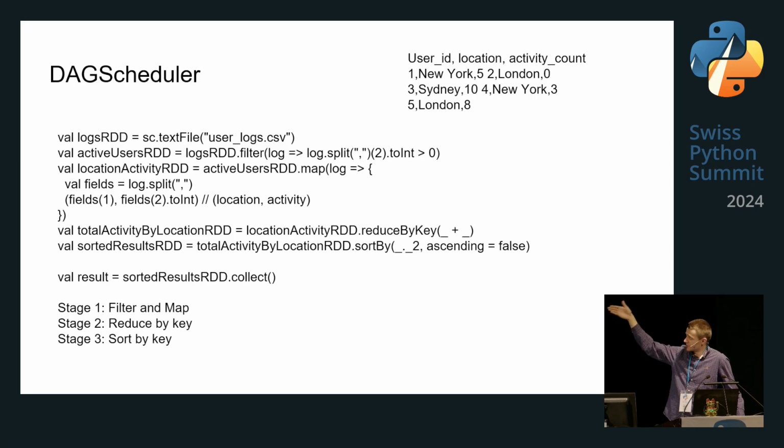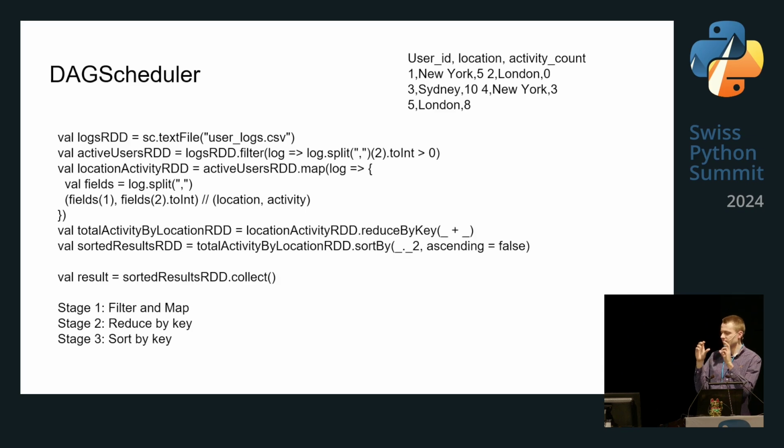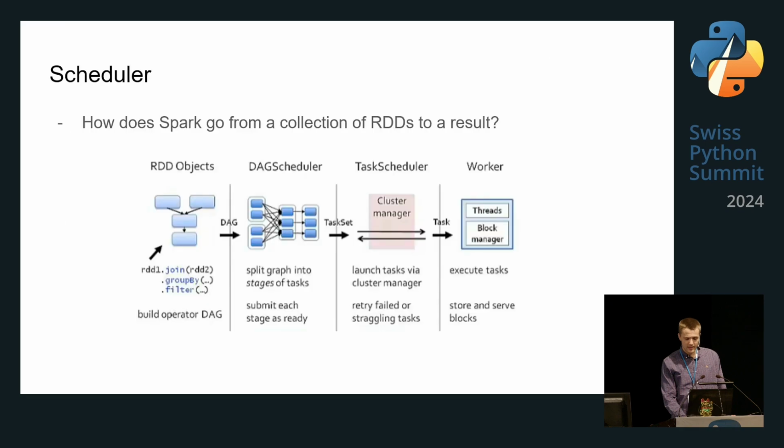So we have this Spark code, and then the DAG scheduler produces what we have at the bottom, which combines the filter and the map together into one stage, and then creates two more stages, one for the reduce by key transformation and one for the sort by key transformation. And then once it's got this set of tasks, it passes that on to the task scheduler.